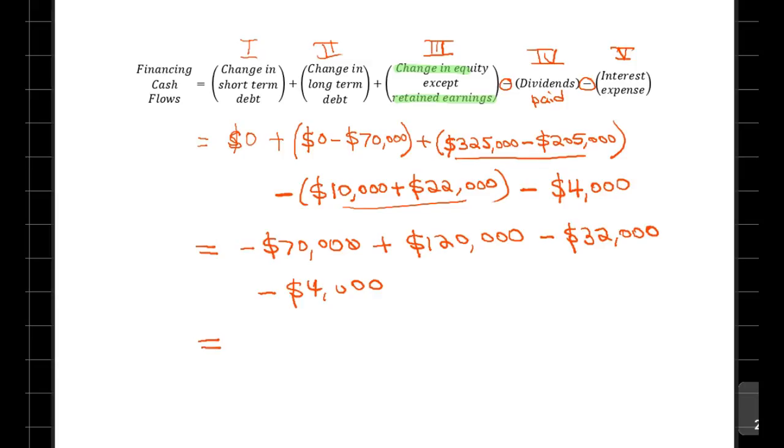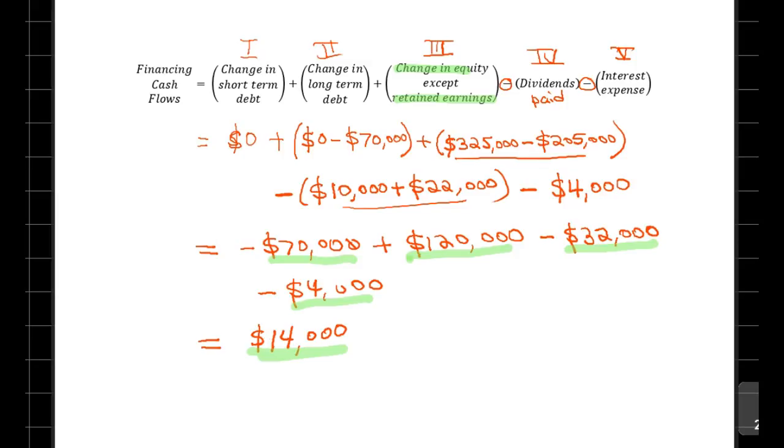From the first two we should come up with 70,000 subtracted from 120 gives us 50,000, then further deducting 32,000, we will have 18,000, and then further deducting 4,000, we will have $14,000.